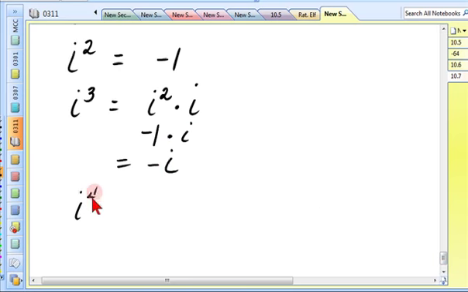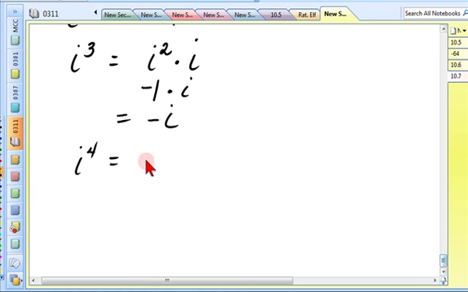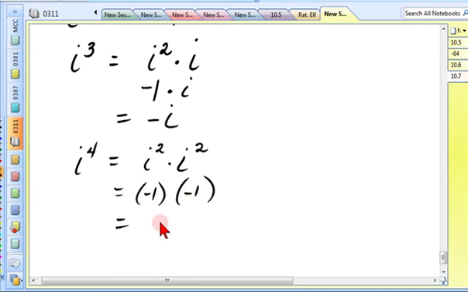i to the fourth. I don't know. Well, I do know a few things. I know i squared. So could I call i to the fourth i squared times i squared, which is -1 times -1, which is +1. Well, it looks like the powers of i are just all over everywhere.